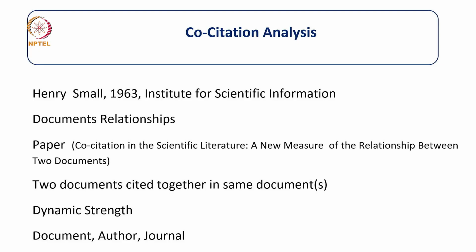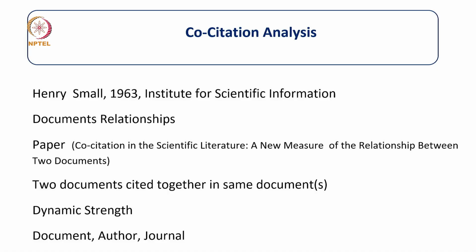Bibliographic coupling analyzes documents that share common references, and co-citation analysis analyzes two documents which are cited together in another document. Henry Small discussed this relationship in the paper Co-citation in the scientific literature: a new measure of the relationship between two documents, measured between two documents that are cited together in the published literature.